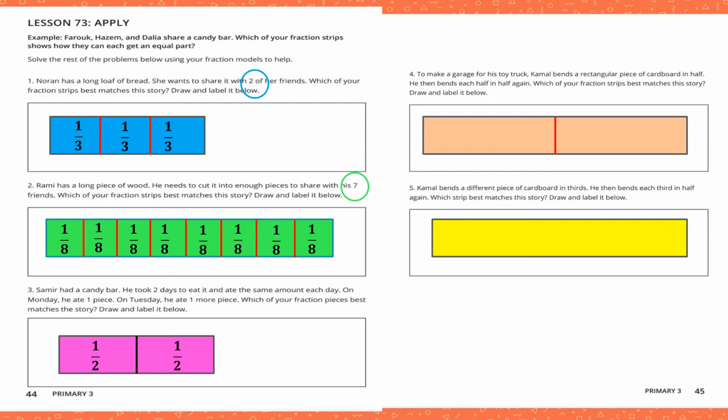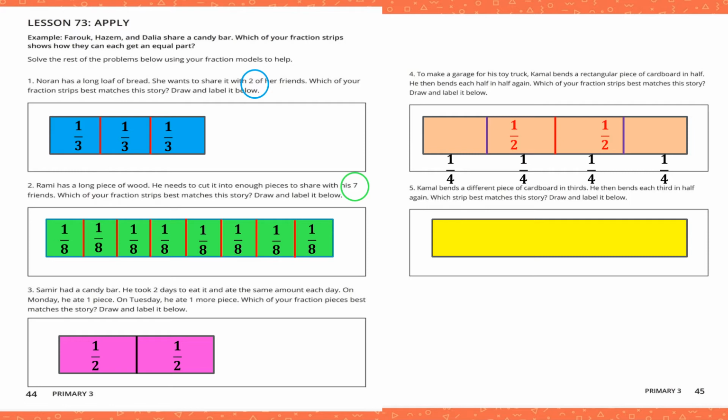He cut this half into halves and this half into halves like this. The total parts are 4 parts. So each part will be 1/4.